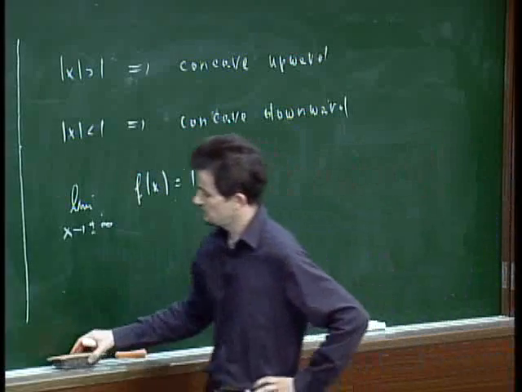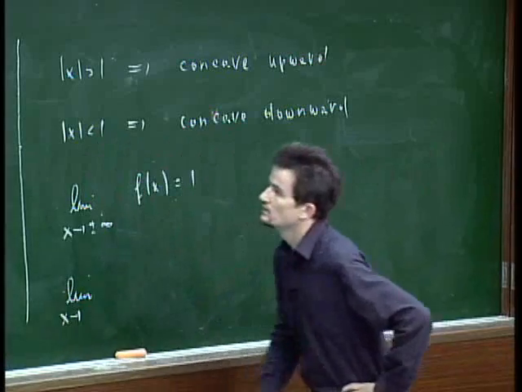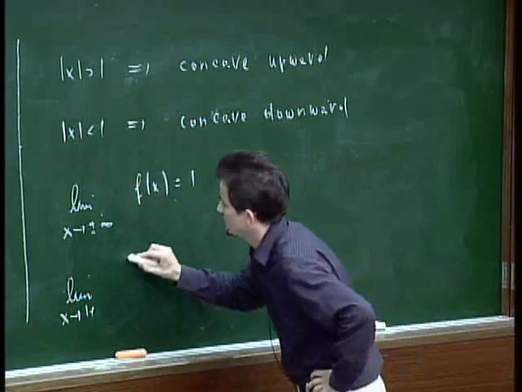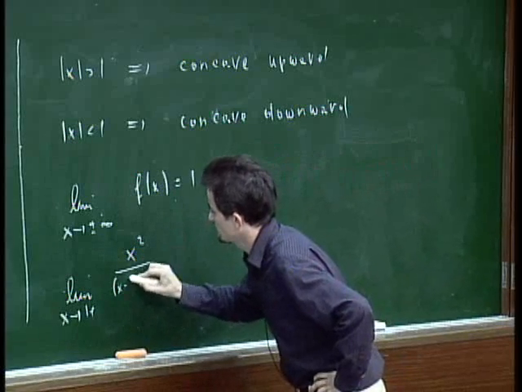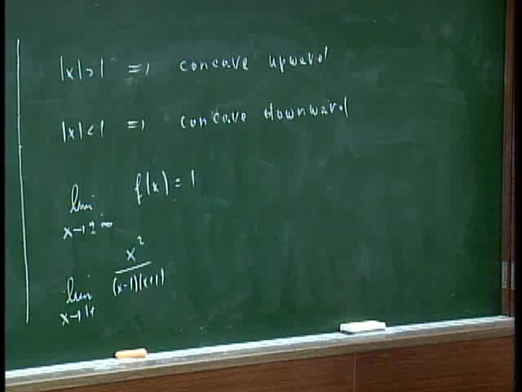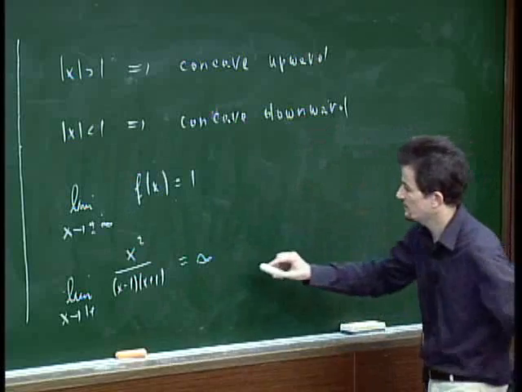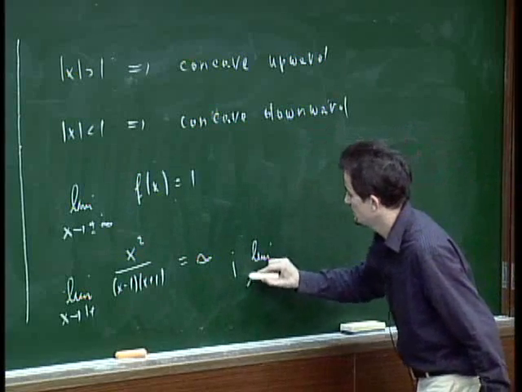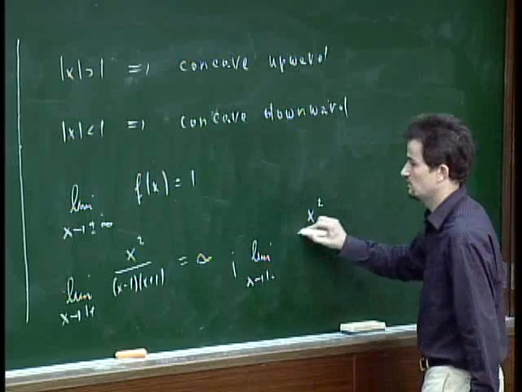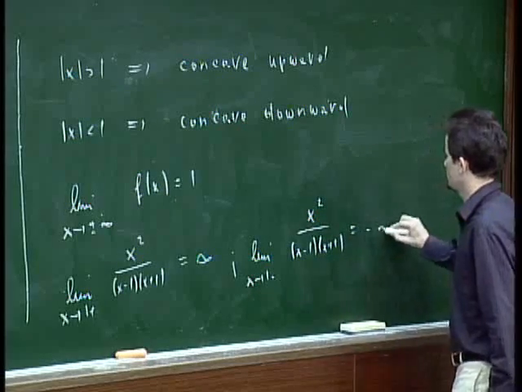And if you look at the limit as x tends to 1 plus of x squared over (x minus 1)(x plus 1), you see it's always positive, so what you get is plus infinity. Similarly, if you look at the limit as x tends to 1 minus, then you get minus infinity.